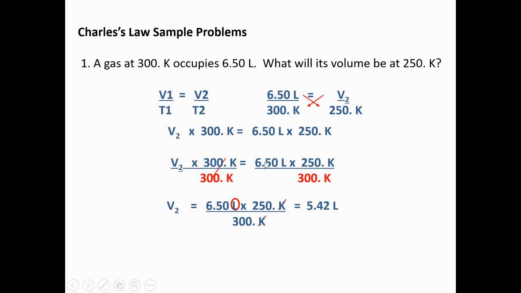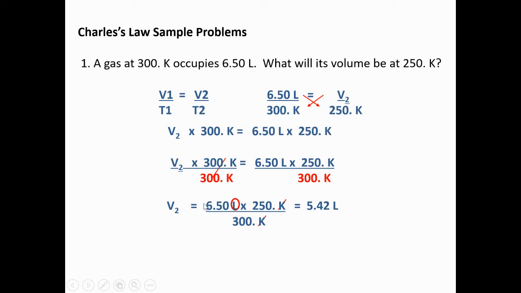So V2 equals 6.5 times 250 divided by 300. Put that into my calculator, and I get 5.42. My units of Kelvin cancel out. I'm left with a unit of liters, which is good because I'm trying to find volume.